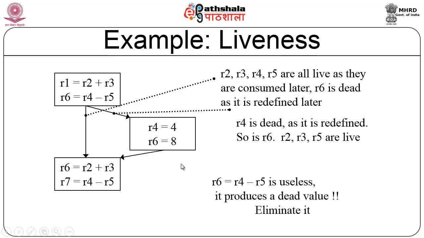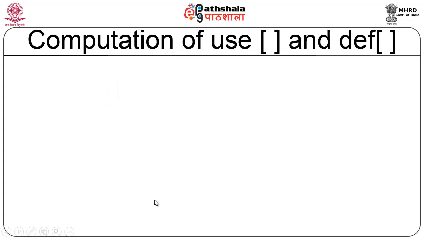So what is the scenario here? I am redefining R6 here, and I am redefining R6 here also. So the statement R6 is equal to R4 minus R5 will be a useless statement, because both paths are not using R6 but are redefining R6. So this is going to be dead code, and I have to eliminate the dead code.